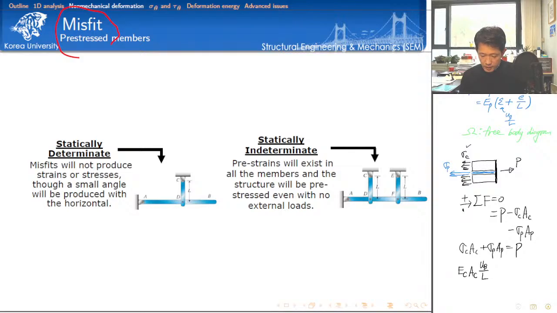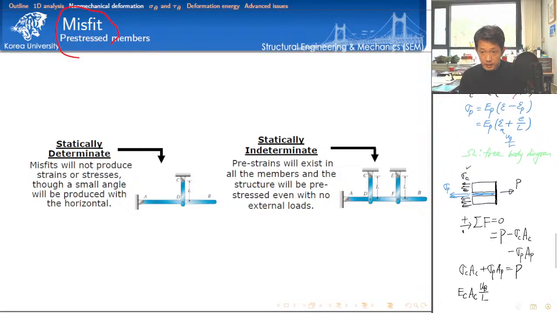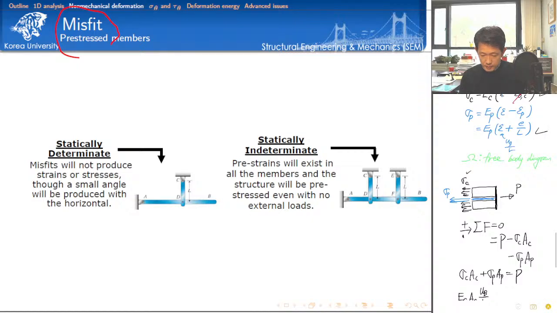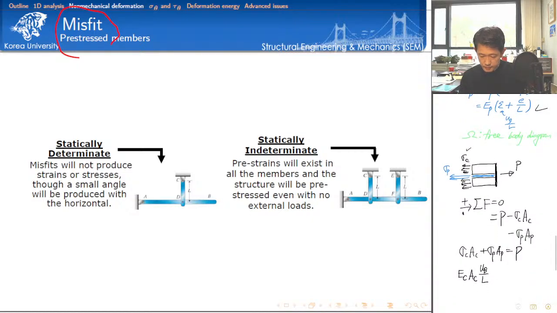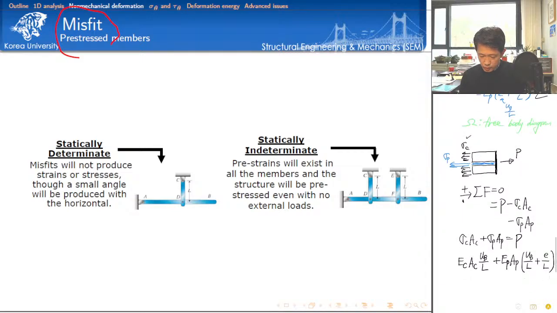And now how about sigma P, the stress of the tendon here? This is equal to the elastic modulus of the prestressed tendon, the area of the prestressing tendon, and then UB divided by the length L, plus EL is equal to P.